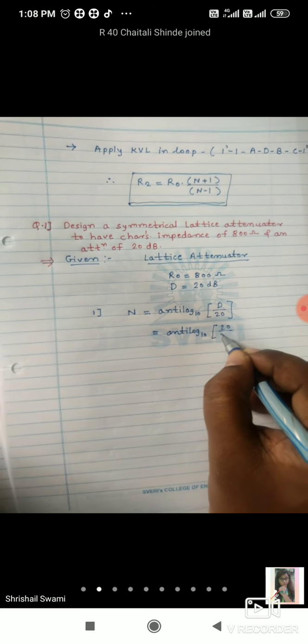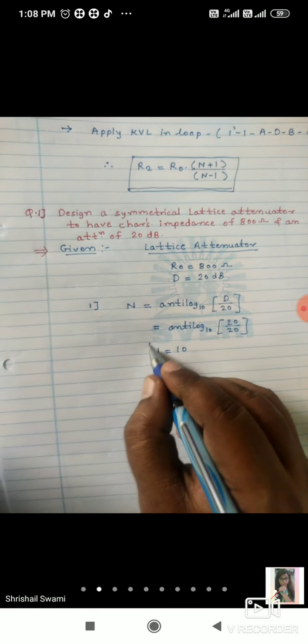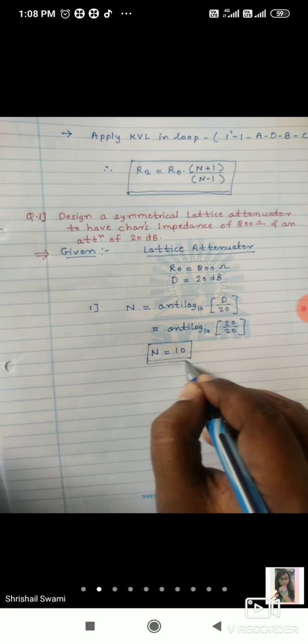Whenever D is a multiple of 20, we will get the answer very fast. So antilog of 20 divided by 20, that is antilog of 1, which is nothing but n equal to 10. So this is the answer for n.